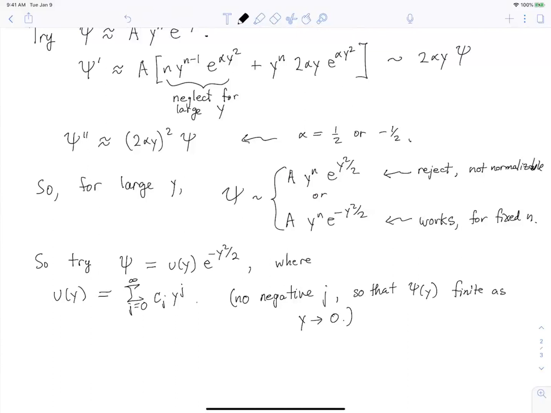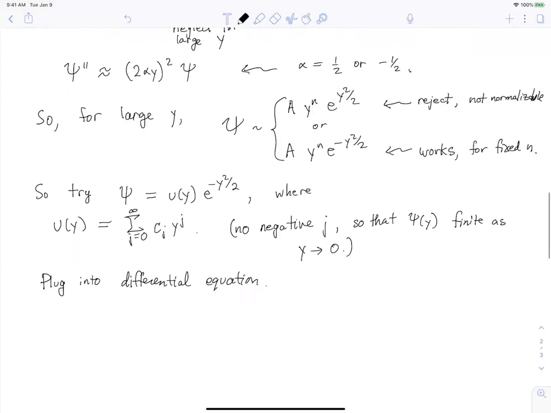Okay, so now we're going to plug that into the differential equation. We've made a guess. We're going to plug into the differential equation. Okay, and so you plug that in, and after a little bit of algebra, which is not too bad, you get the following. You get a sum from j equals 0 to infinity, c sub j.